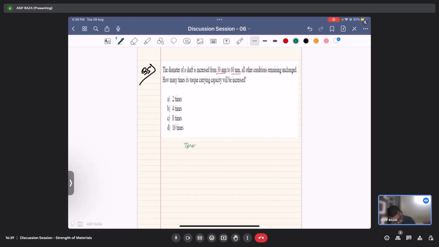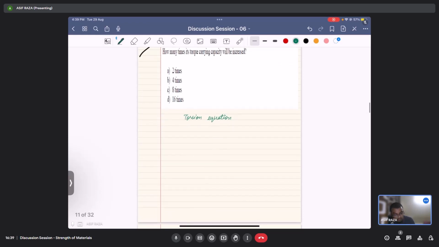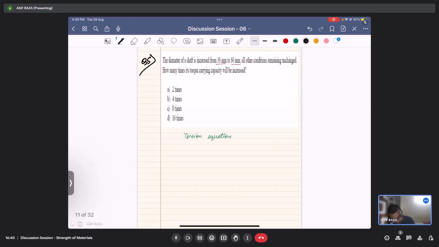Torsion equation is T by J equals G theta by L equals tau by R. For this, let us use the first and the third expression.